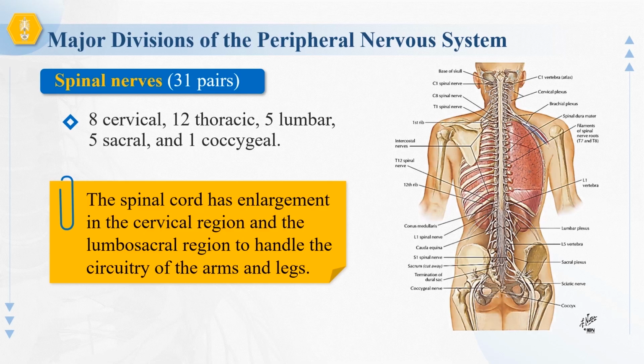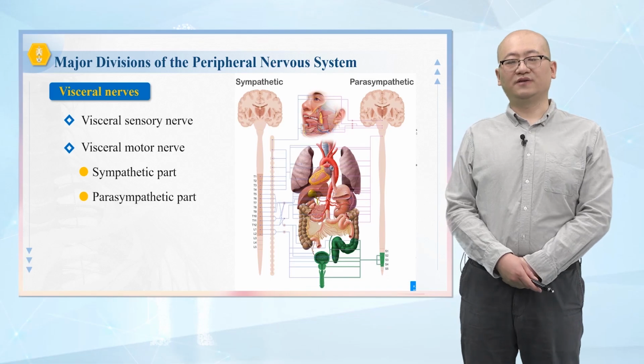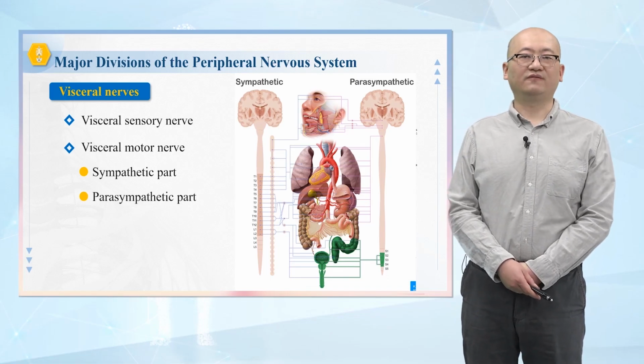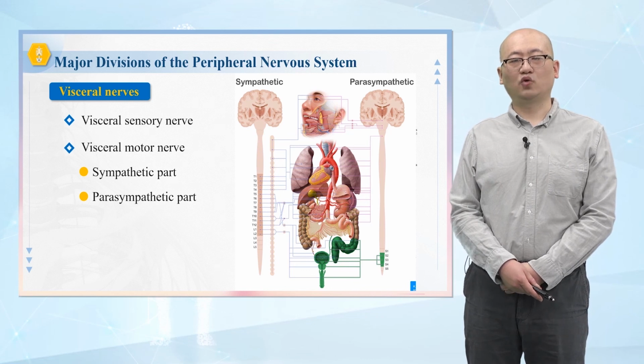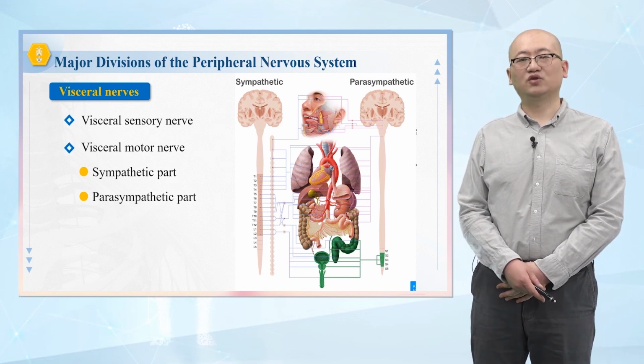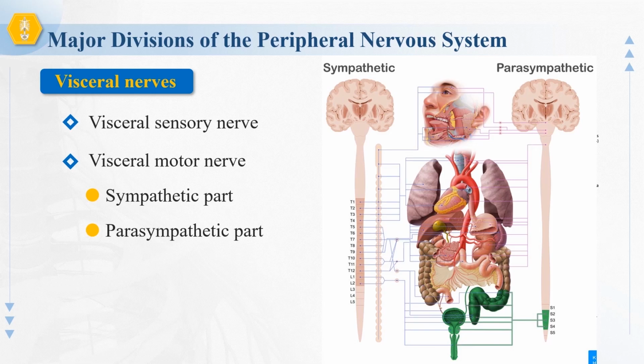The spinal cord has an enlargement in the cervical region and the lumbosacral region to handle the sensation of arms and legs. The visceral nerves have two parts, the visceral sensory nerve and visceral motor nerve. The visceral sensory nerve has only one kind of nerve, and the visceral motor nerve has two parts, the sympathetic part and the parasympathetic part.